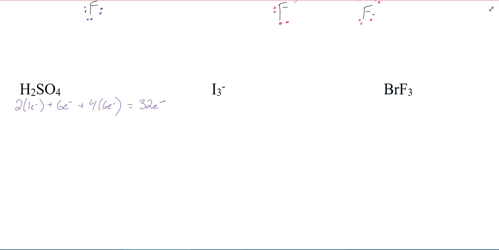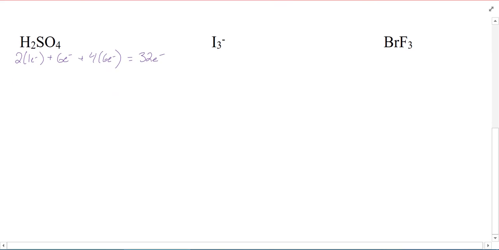How is this arranged? Well, sulfur. A lot of people would throw sulfur in the center. So S, 1, 2, 3, 4, 5, 6. Bond. 2, 4, 6, 8, 10, 12, 14, 16, 18, 20, 22, 24, 26, 28, 30, 32.